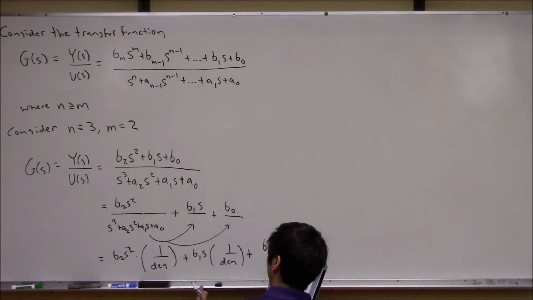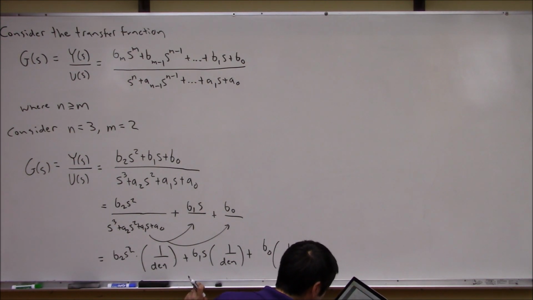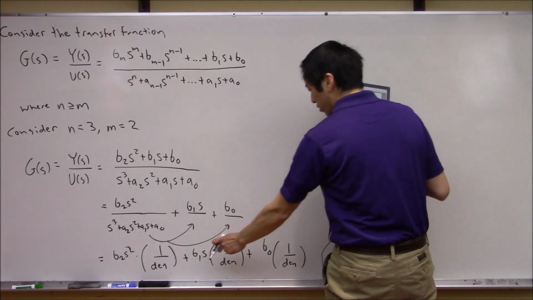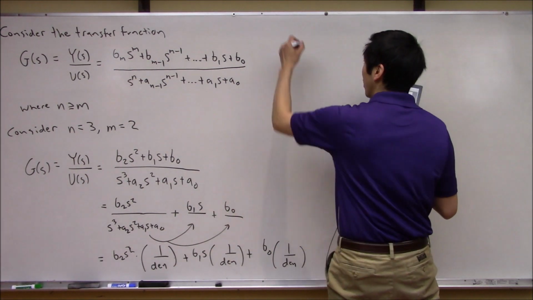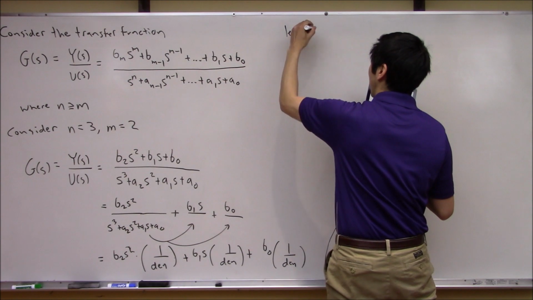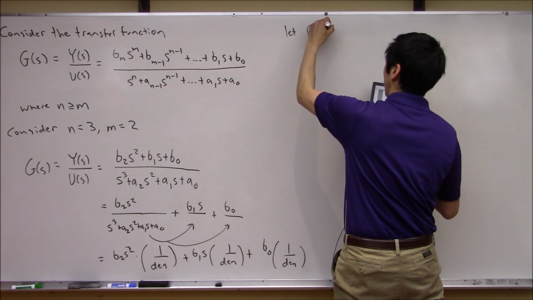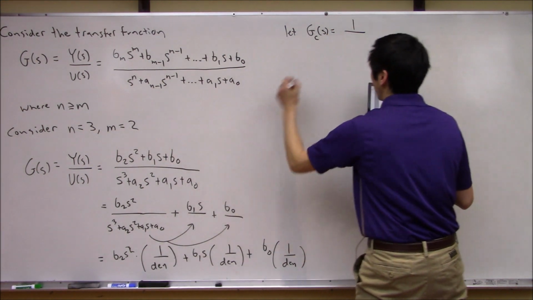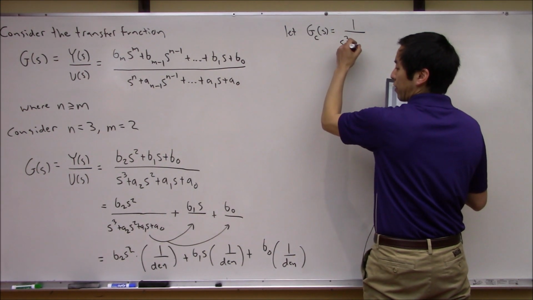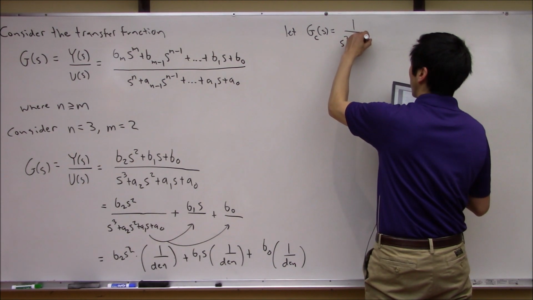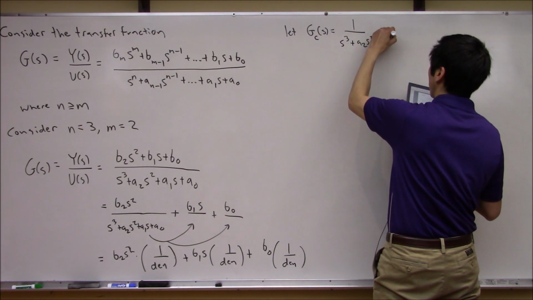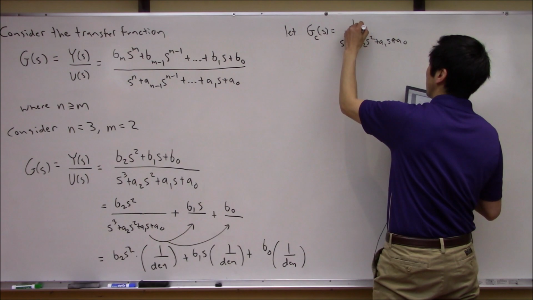Would everyone agree that's the exact same thing? So let's call this term, 1 over the denominator, I don't know, G critical or G core or something like that. That's 1 all over s cubed plus a2 s squared plus a1 s plus a0.